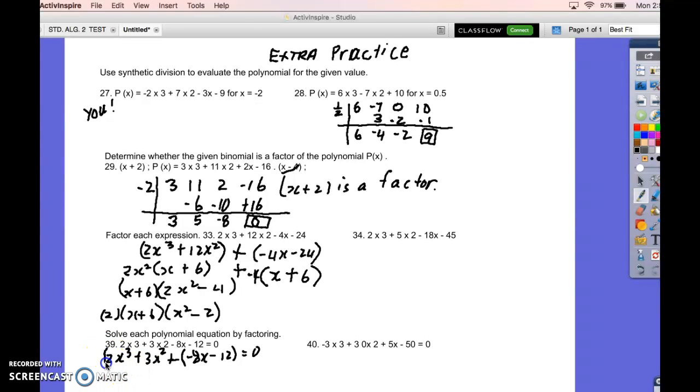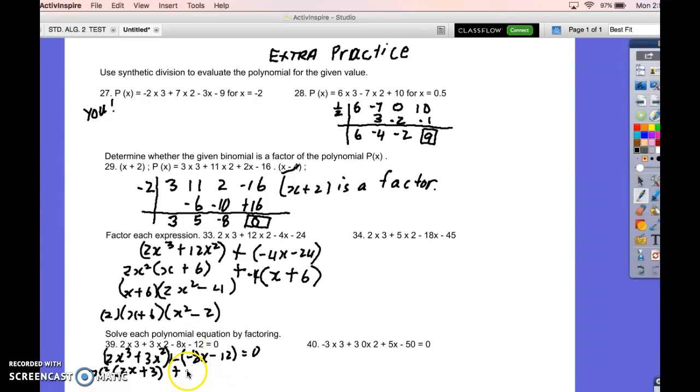No, I didn't group here. I should group these by 2's. So what's common here? It's going to be x squared, right? What would be left would be 2x plus 3.